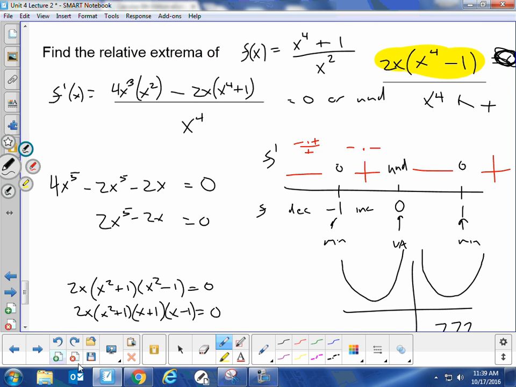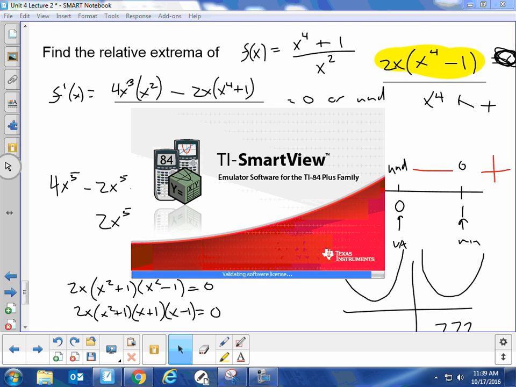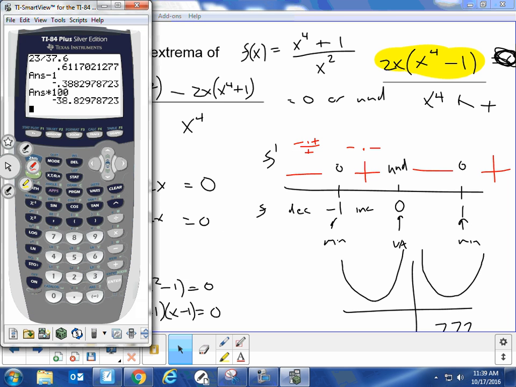X to the fourth plus 1 over x squared. Very good.